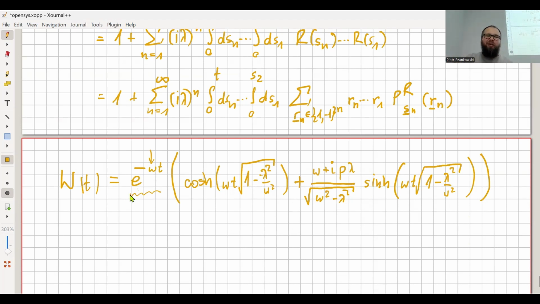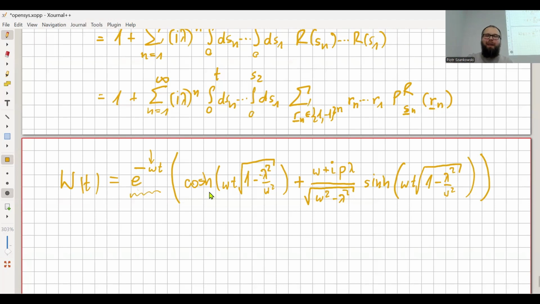So we have exponential decay, the envelope, and some hyperbolic cosine and hyperbolic sine functions that are damped by an exponential decay.